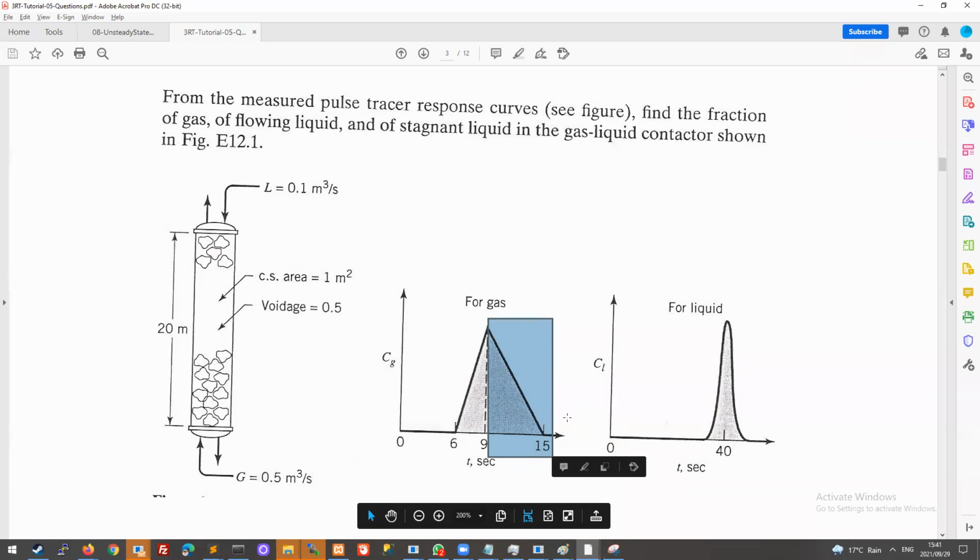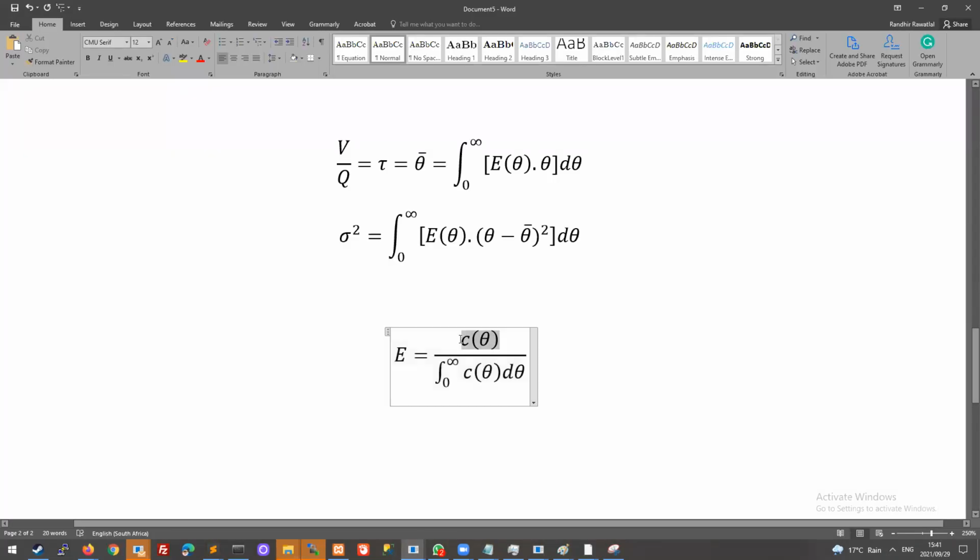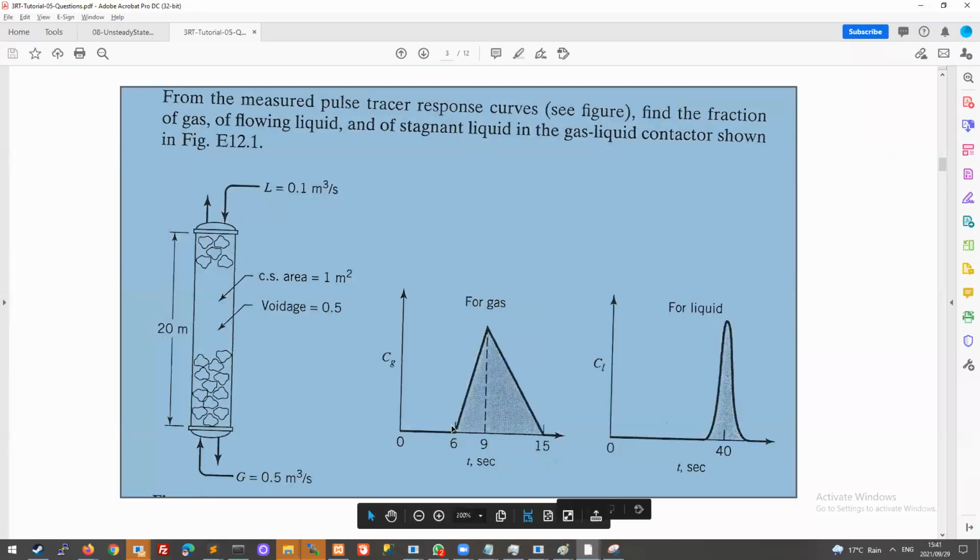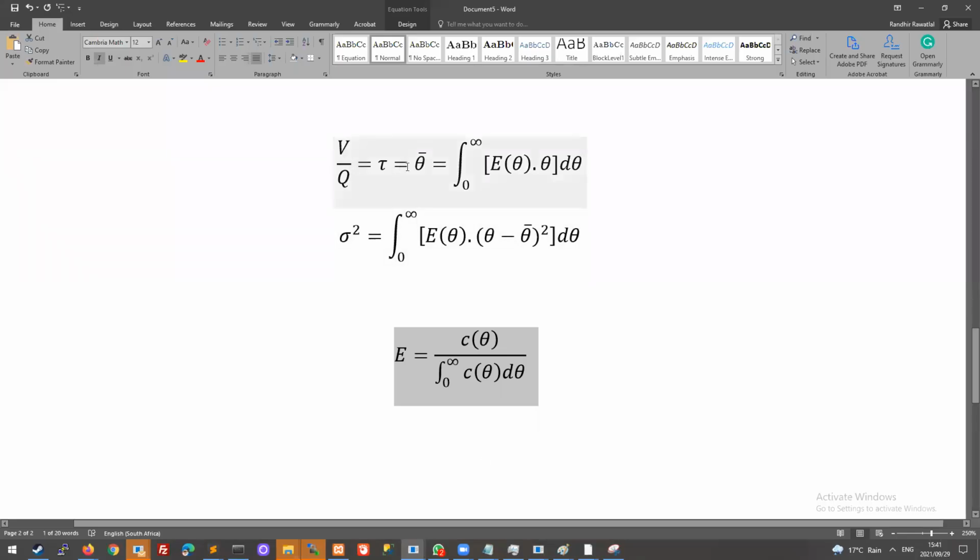So two straight line segments. So you've got an equation for C here. And then the integral under that, you can just integrate the same function. You'll find the K's will cancel, and then you'll get an E function, and then you integrate under that, or you use this function, and then you can get an average age there.